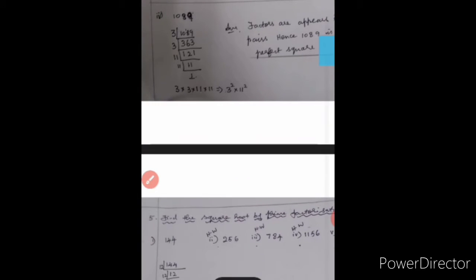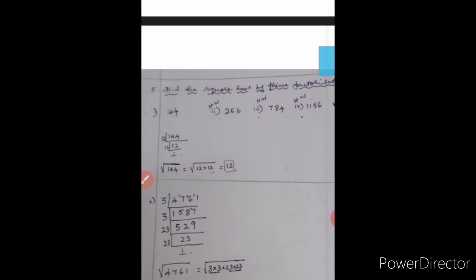Your next question is find the square root by prime factorization method. So first take the factors of 144, that is 12 times 12 ones are.